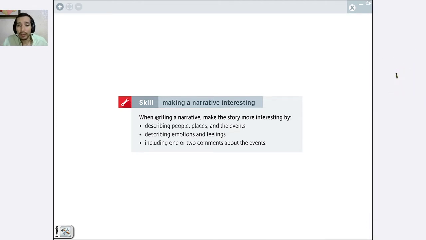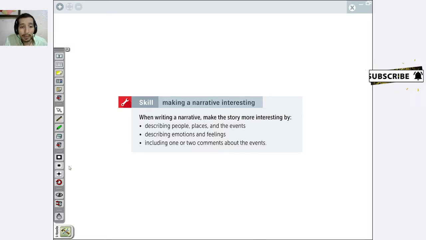Anyways, here we go. We're checking out this small skill that we're going to try to develop within you guys: making a narrative interesting. In other words, trying to make stories fascinating, that intrigue you, that keep you reading or writing, or perhaps even speaking. In this case, we're going to aim at writing. When writing a narrative, make the story more interesting by following these tips. You can highlight them, and if I may, that's what I'm going to do. A first tip: describe people, places, and events. Describe emotions and feelings, and include one or two comments about the events.